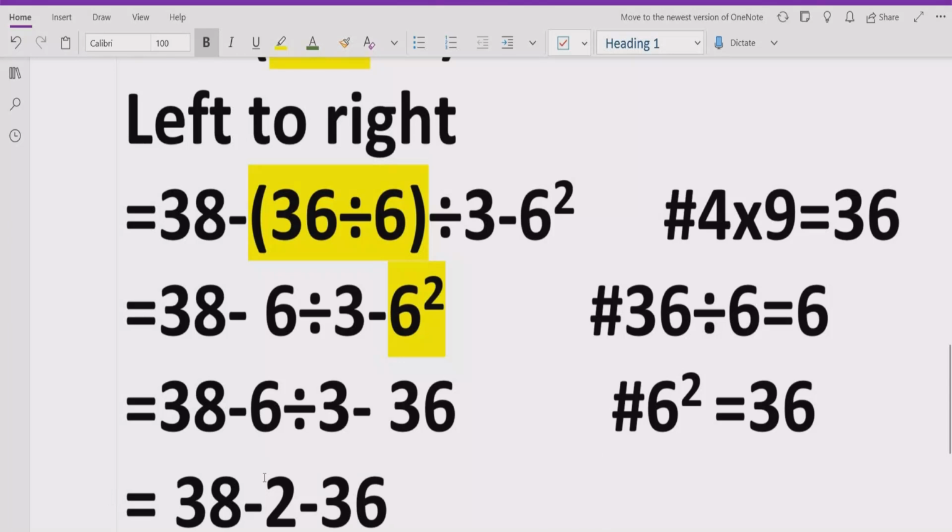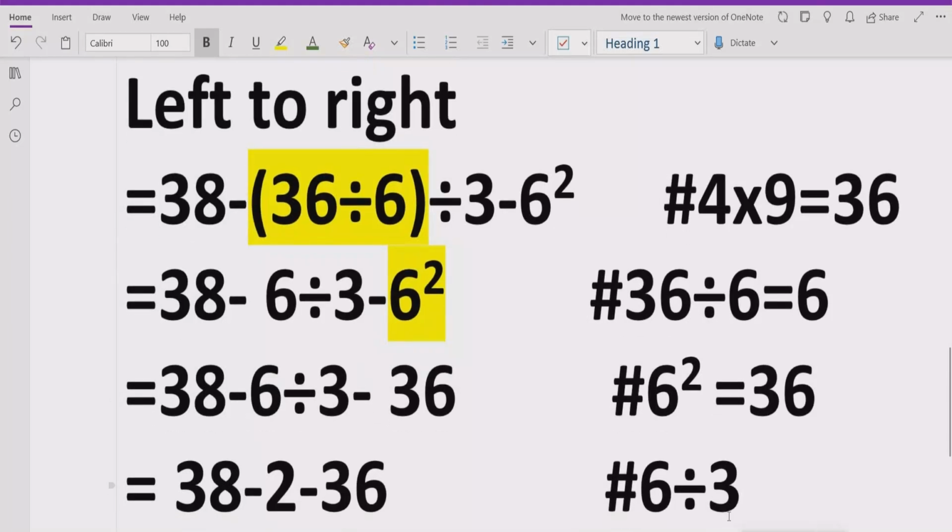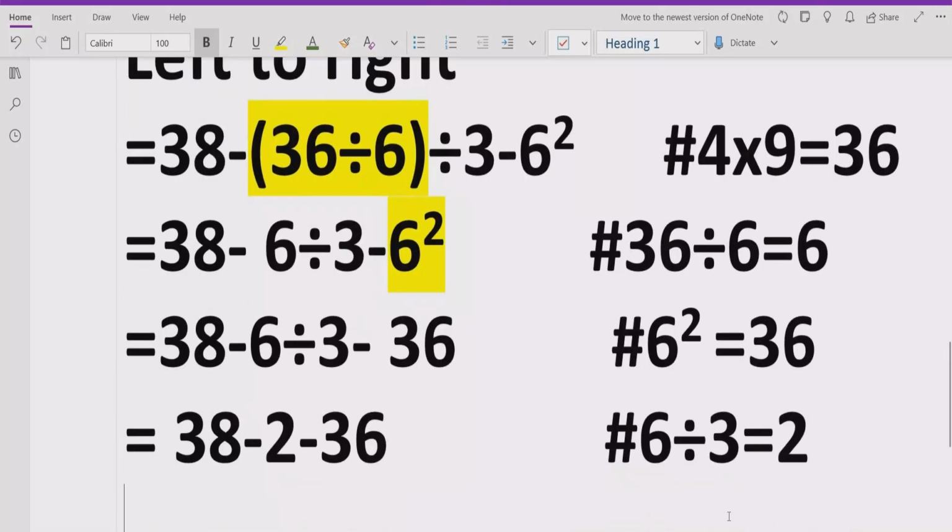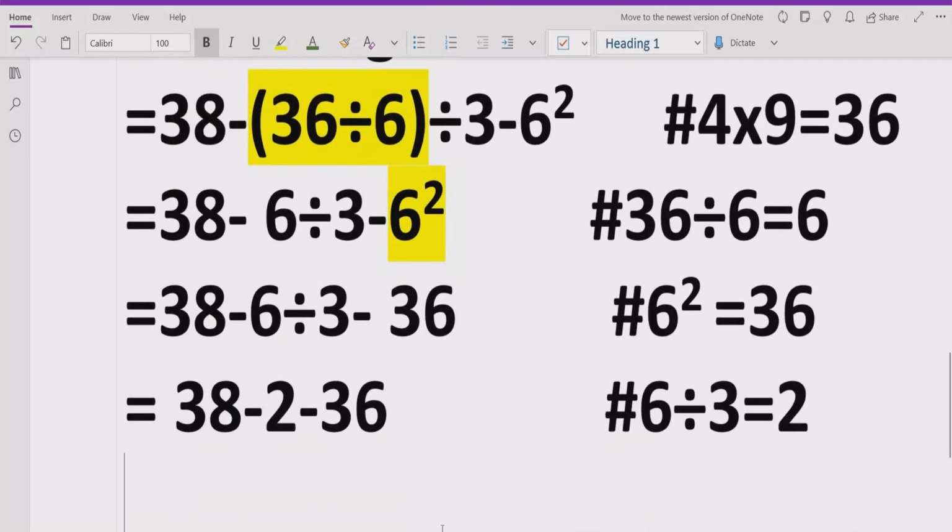And here we give the reference: 6 divided by 3 equals 2. Now we have solved this number. Now we have to go left to right to solve the addition and subtraction.